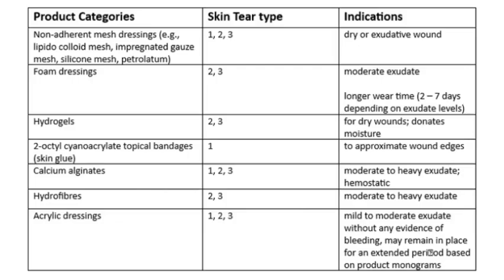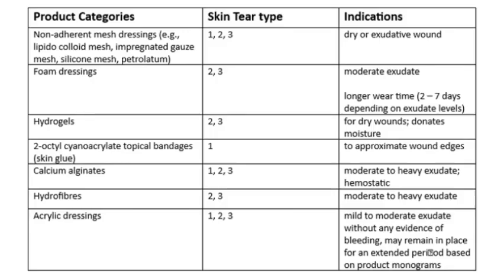Next, we have foam dressings. Now this can be used for type 2 or type 3, and this is for moderately exudating wounds. The foam is going to absorb moisture, so you want to make sure that it is a moderately exudating wound, and it does have a longer wear time of about 2 to 7 days, depending on how much exudate is coming from that wound. Next, we have hydrogels.